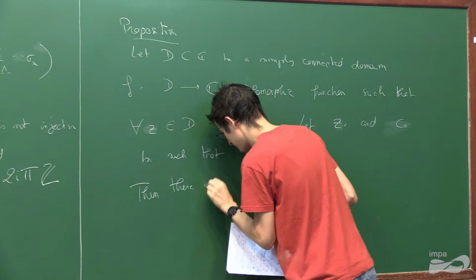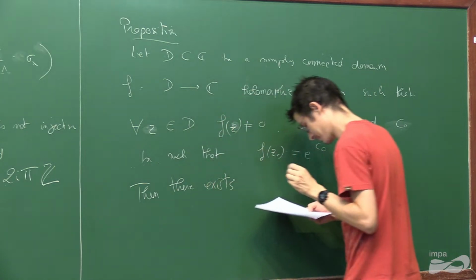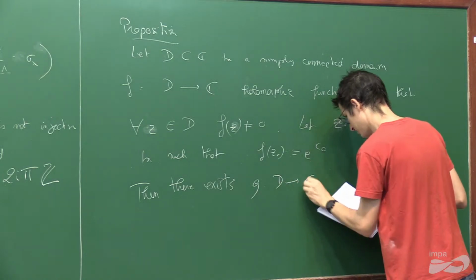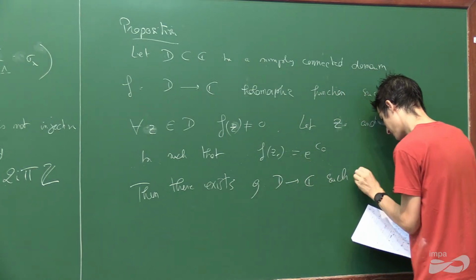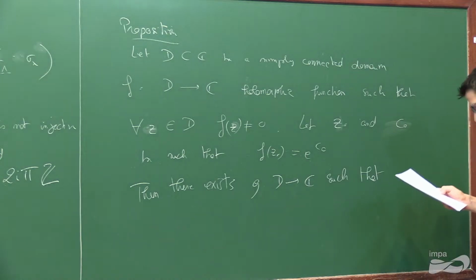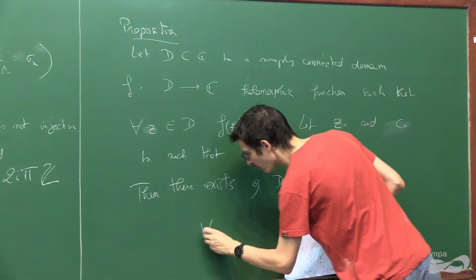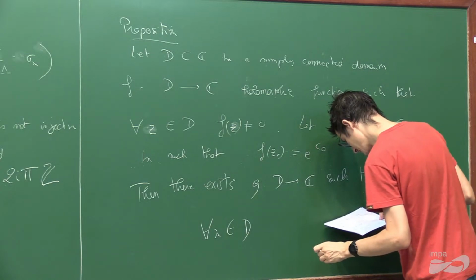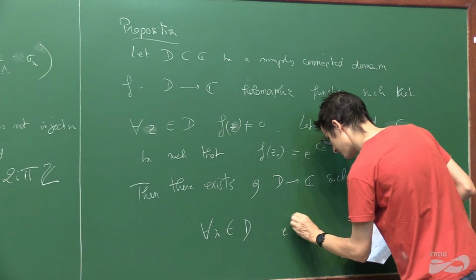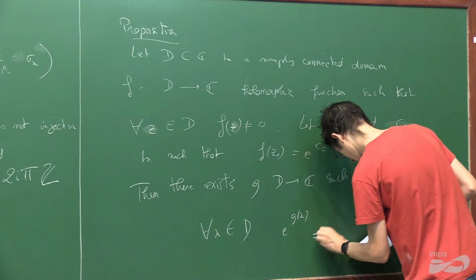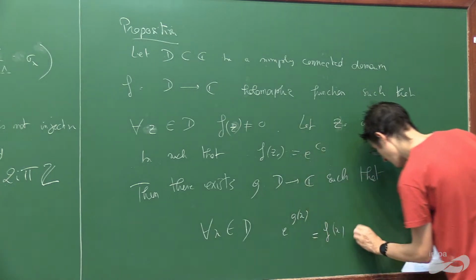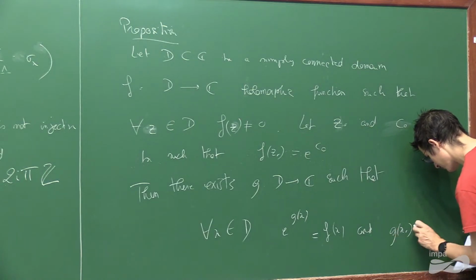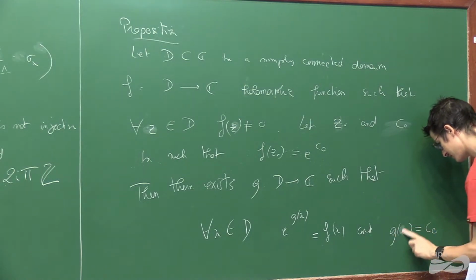there exists g from D to C such that for all z in D, exponential g of z is equal to f of z, and g of z0 is equal to c0.